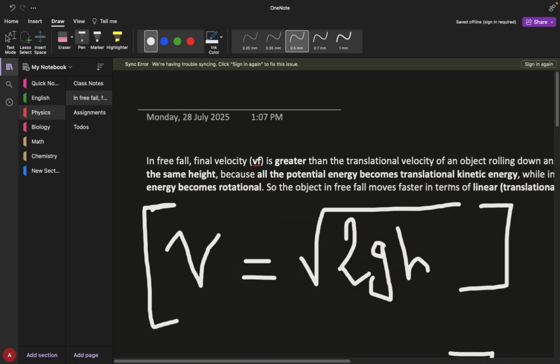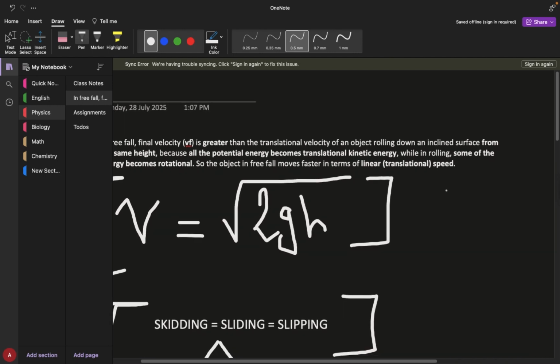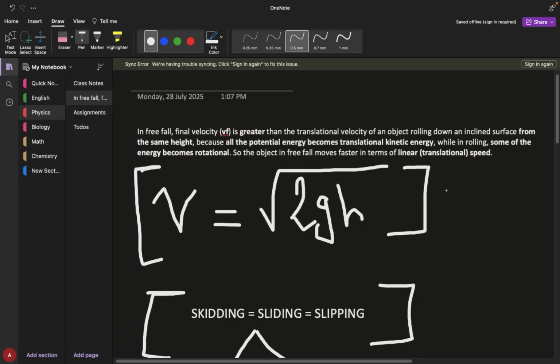But first, as you're seeing on the screen, I've talked about free fall by comparing it to rolling down an incline. So let's read this.